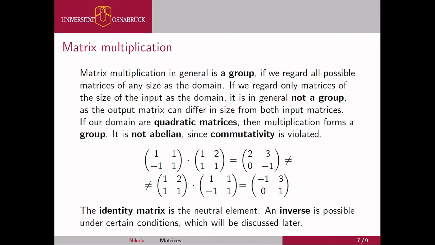If you look at matrices of a certain domain, for example, you only look at 2 by 3 and 3 by 2 matrices, then as a result, you get 2 by 2 and 3 by 3 matrices. So this would mean that your result would be outside of your initial domain.